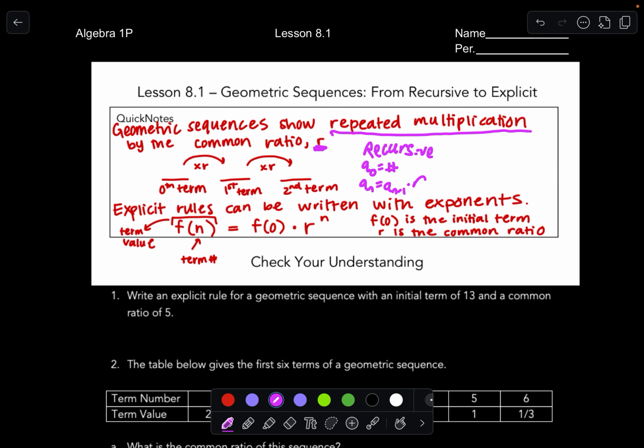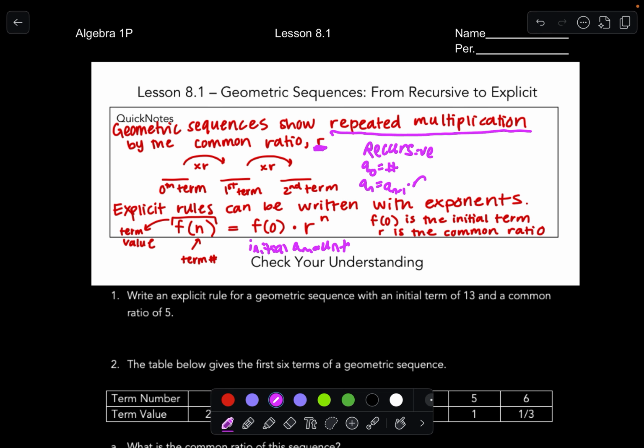But the explicit, this is what we're headed to now, is going to be the function f evaluated at n. That's the value of the nth term. It's just equal to f sub 0, which is the initial amount, and then times r to the n.